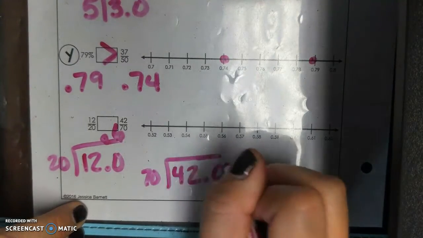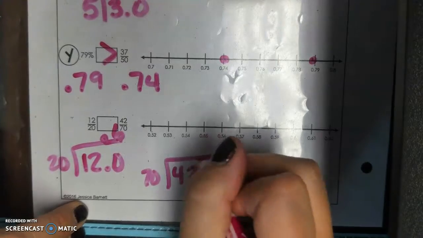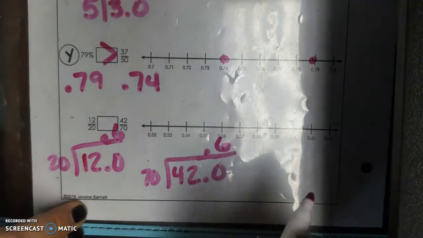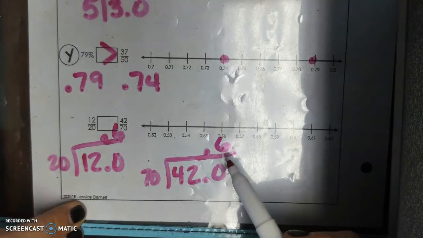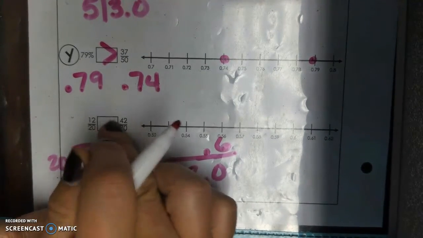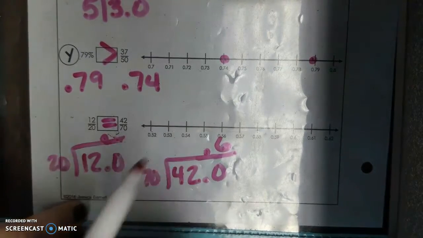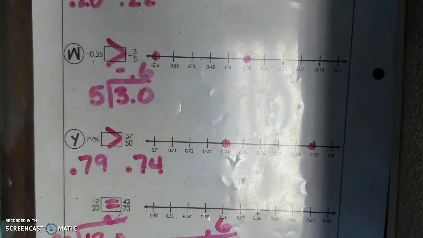Going to add a decimal and a 0. 70 goes into 42 6 times as well. So I'm really comparing 6/10 compared to 6/10. These are equivalent. They are equal to one another. So here in the box, I'm going to say, sorry, I got a little close, this 12/20ths is equal to 42/70ths. Go ahead and get to the next page on these notes, please.